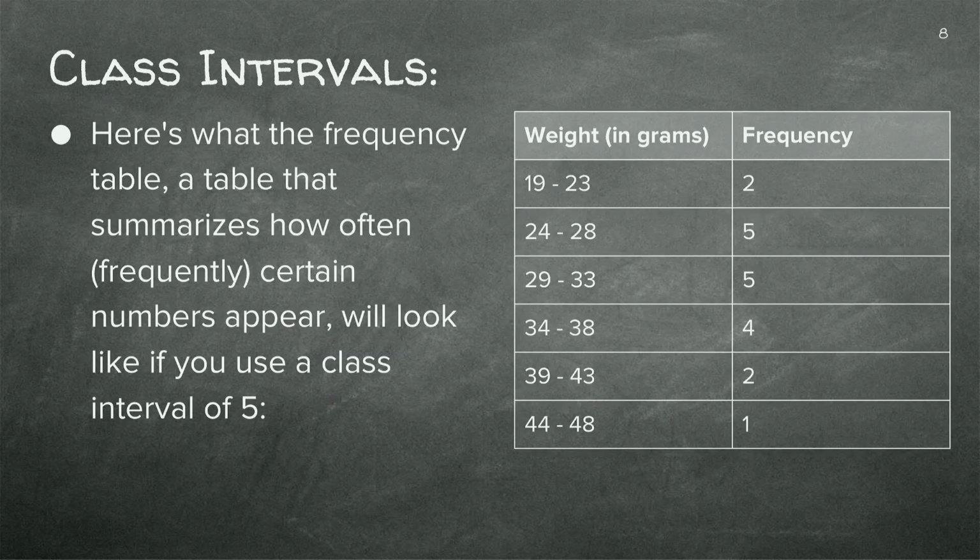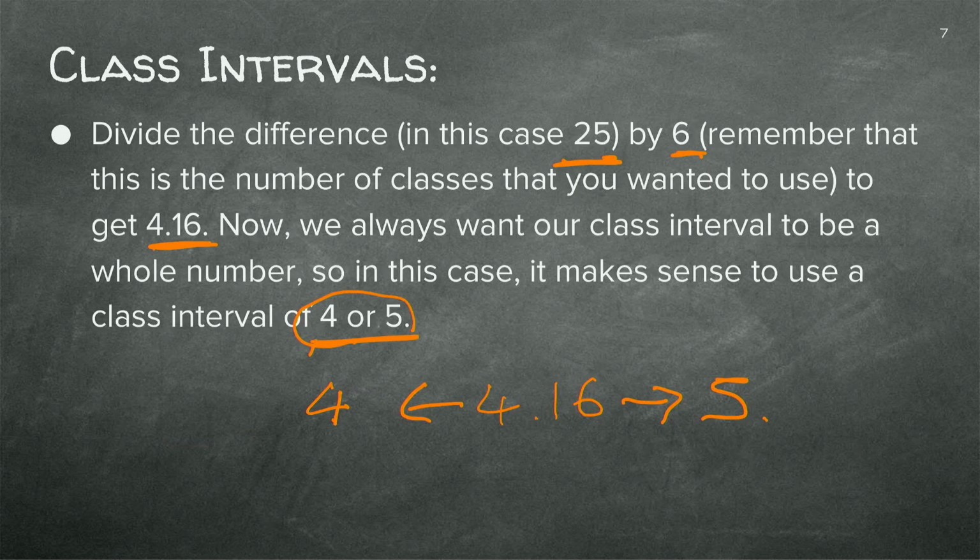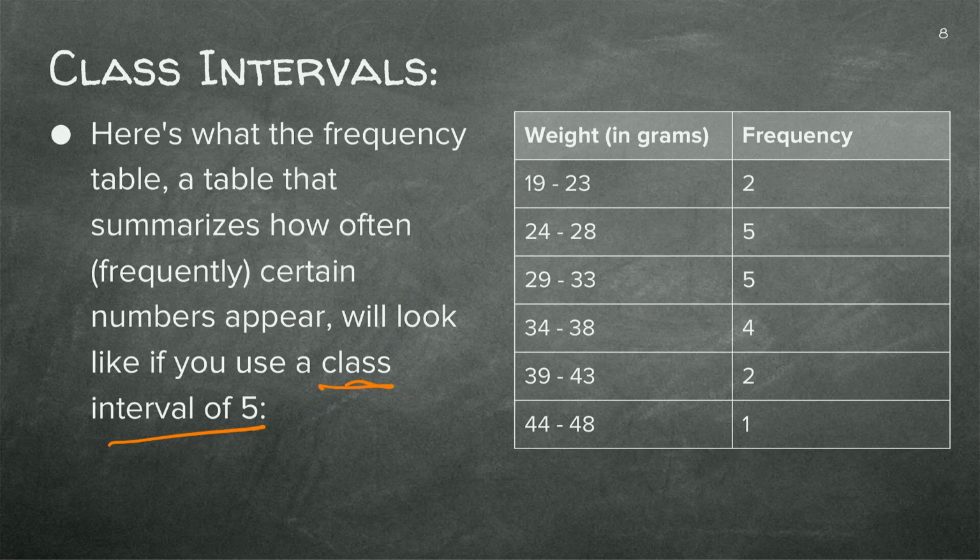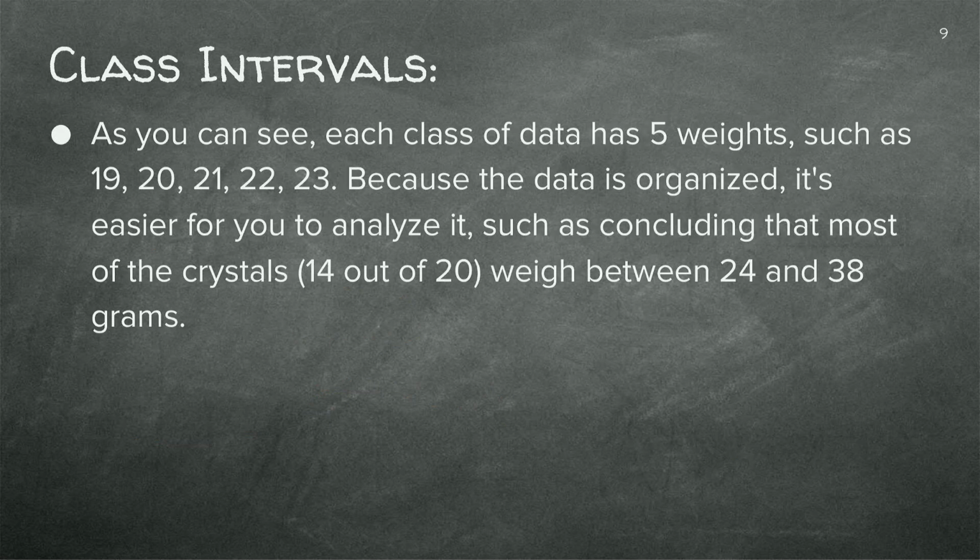Now our next step. Here is what the frequency table, that summarization, looks like. You see we use a class interval of 5. So essentially we chose this whole number. Let's explain it quickly. As you can see, each class of data has 5 weights. Now let's look at our first class.